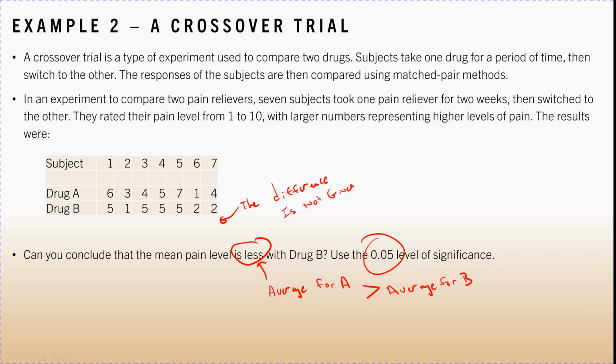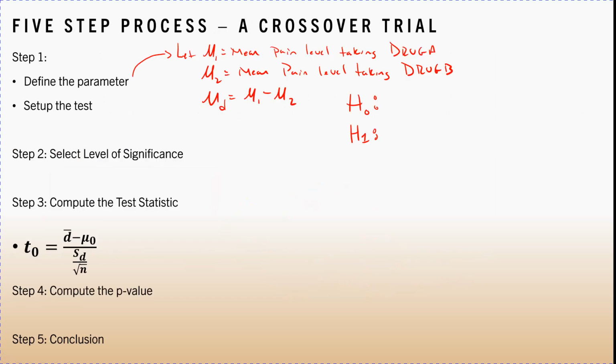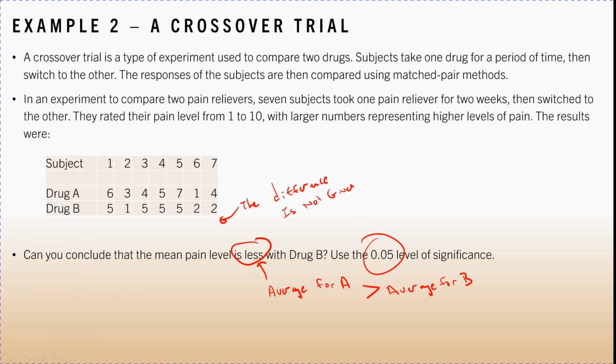So if you want to see if they're less, what you'll actually start with is the assumption that there is no difference, so that on average the difference is 0. And if you want the pain level for B to be less, then the difference should actually be greater than 0, right? Because this is what you should see here.